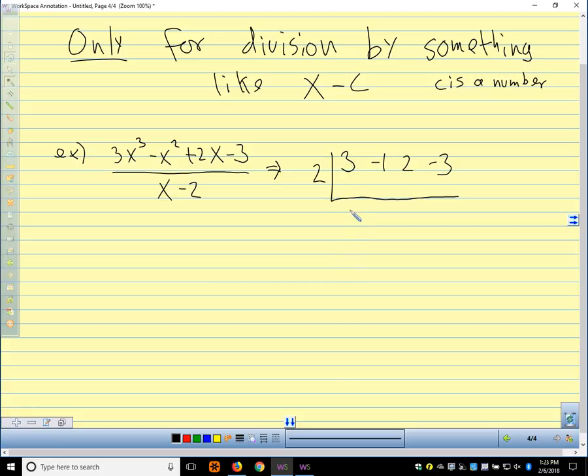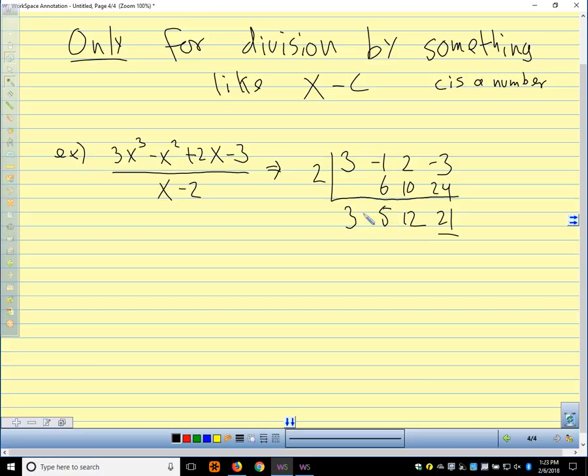I'm going to bring the 3 down, multiply, add. Multiply, add. Multiply, add. 2 times 3 is 6.